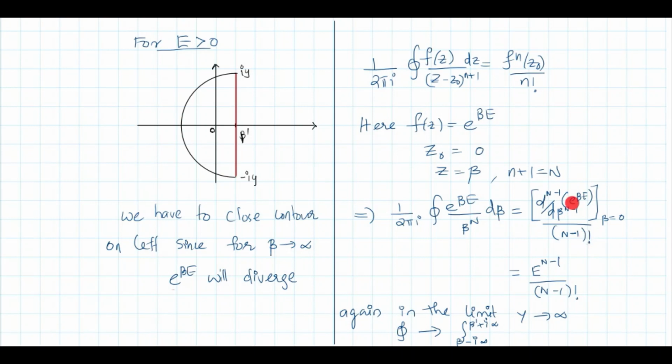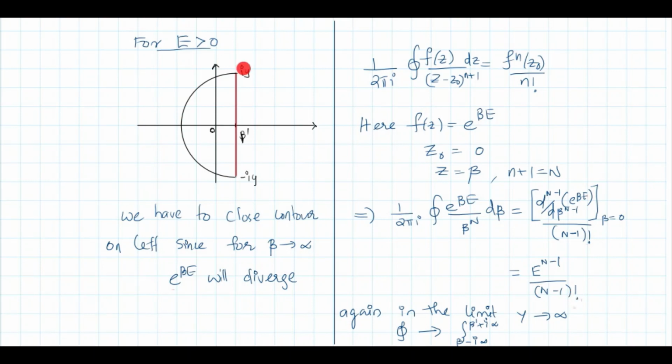Taking the derivative of the exponential, each time that will give you an E. So N minus 1 derivatives means E raised to N minus 1. Finally, you put beta equal to 0, so e raised to 0 becomes 1. So that will be E raised to N minus 1 by N minus 1 factorial.